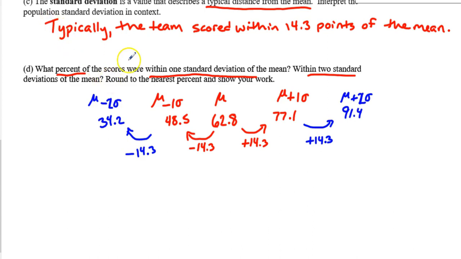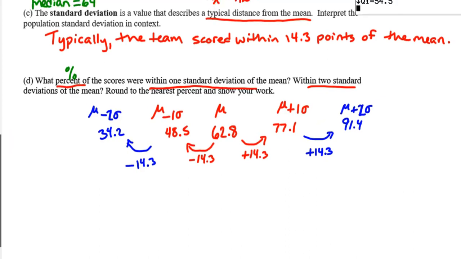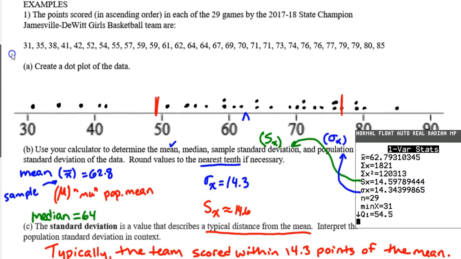Okay, so it asks you furthermore, what are the percents within those? Well, between 48.5 and 77.1, that is excluding 1, 2, 3, 4, 5. It excludes those. Then 77.1, well, those 5 are outside.